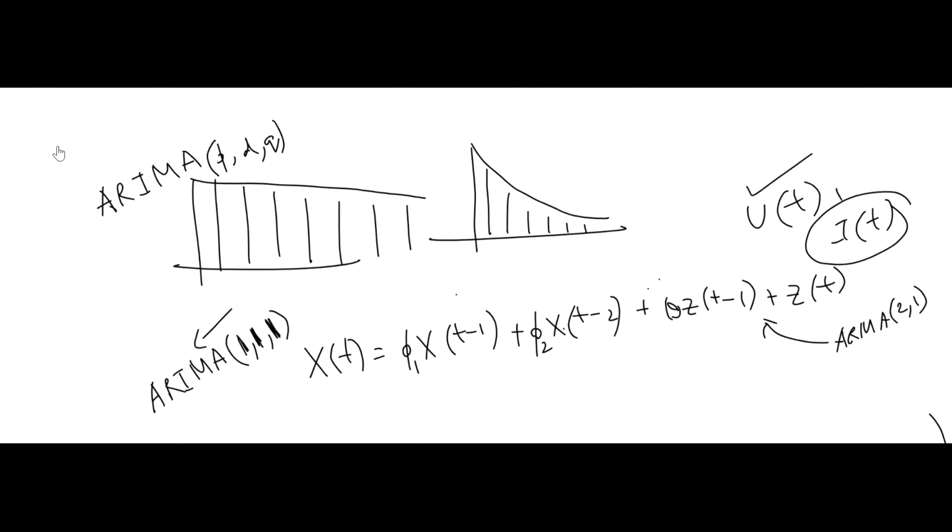Now the I stands for integrated, so this is an autoregressive integrated moving average process. Why is this called integrated? The idea is very simple. It tells you how to get back I_t if you work with U_t. Recall that U_t was defined in this manner.